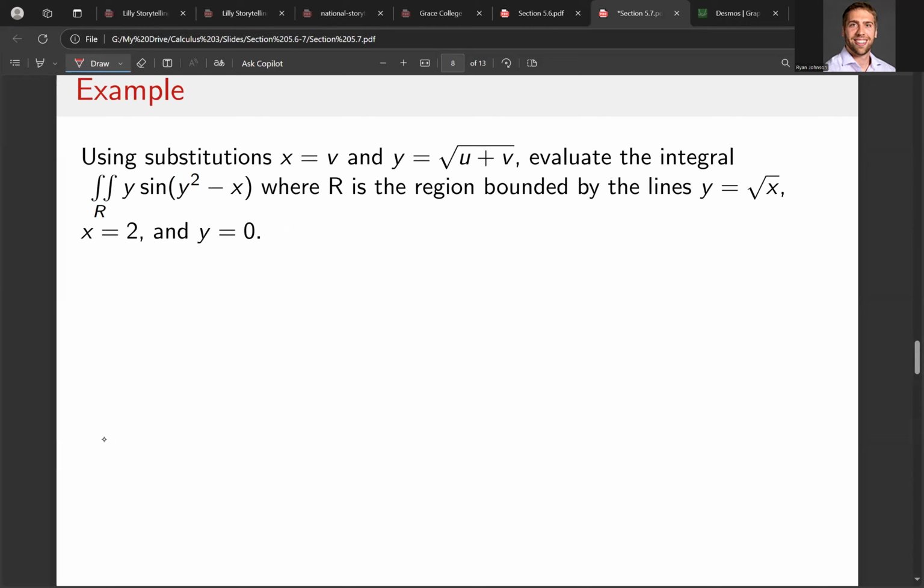Let's kind of break this into steps for our class. So step one, draw the region. And then step two, label the boundaries.